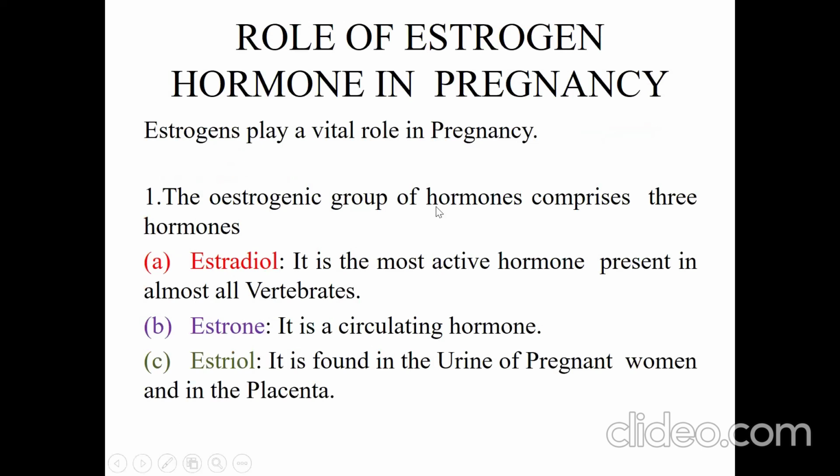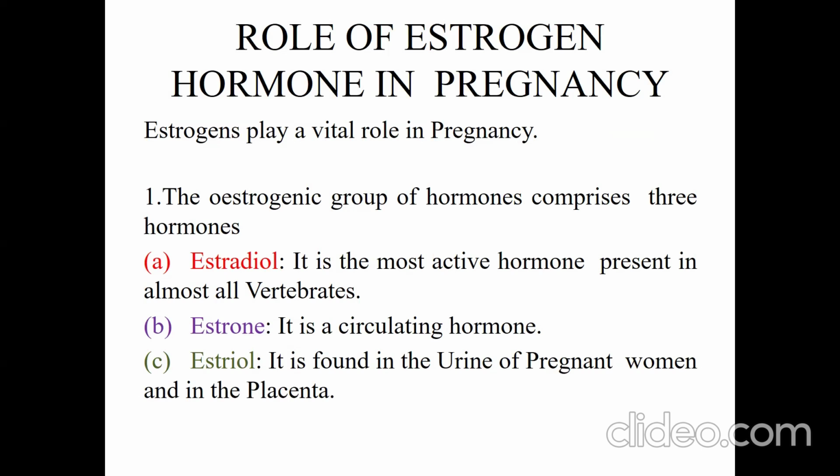Estrogens play a vital role in pregnancy. The estrogenic group of hormones comprises three hormones: estradiol, estrone, and estriol. Estradiol is the most active hormone, present in almost all the vertebrates.